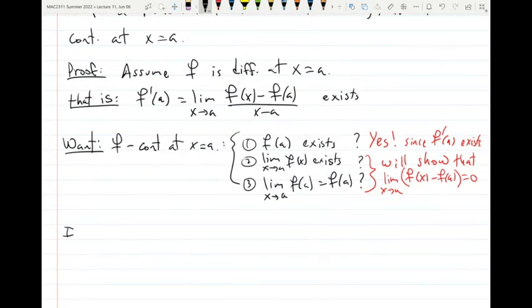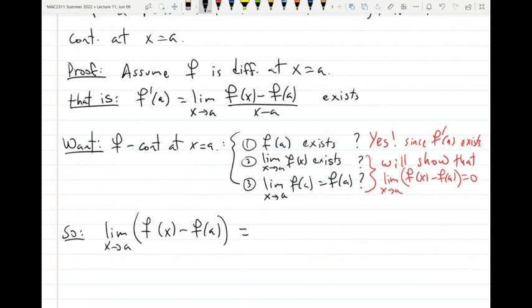So we have the limit as x approaches a of f of x minus f of a. I want to compute this limit. And my job is to show that this limit is 0. All right, so let's do it. So why am I doing this instead? Well, because notice that this is exactly what we have in the top of that limit, right?